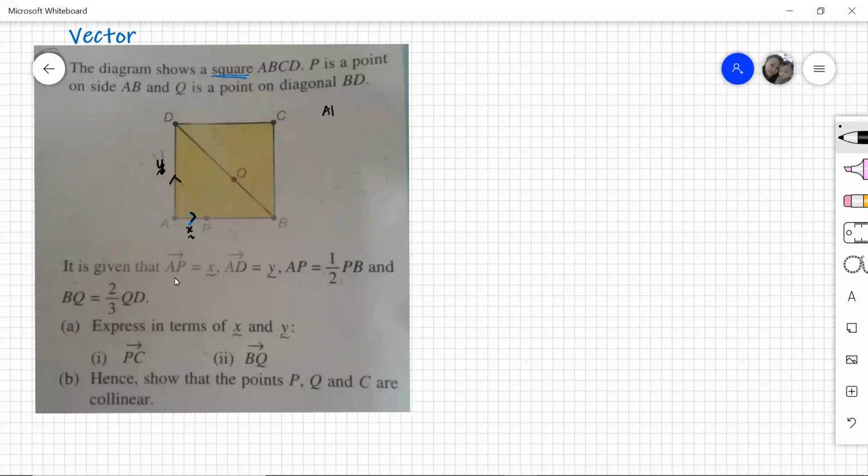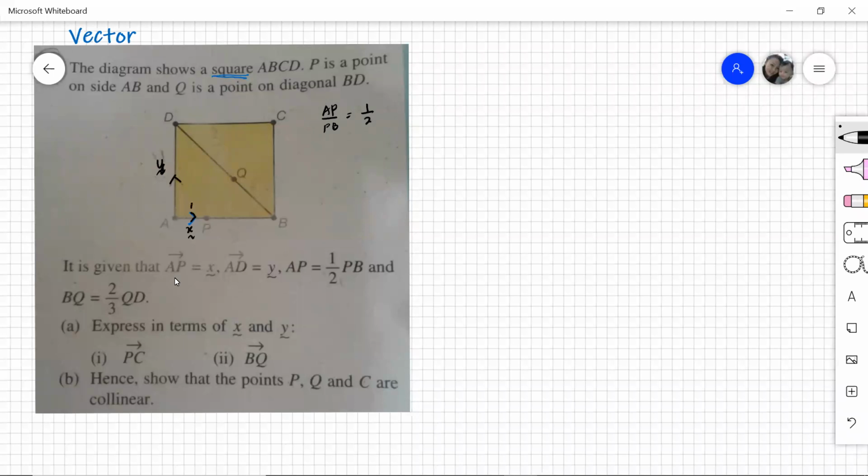If we write AP in fraction form with PB, because the fraction form is another way we write the ratio, that shows the length AP to PB is 1 to 2. So vector AP is one part. Where's AP? AP is at the x here.